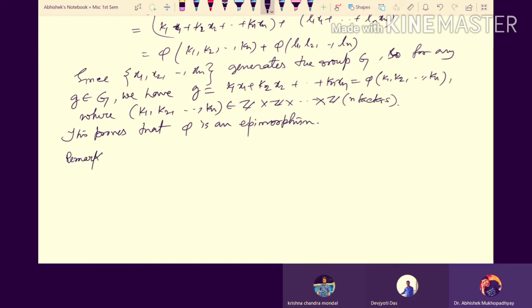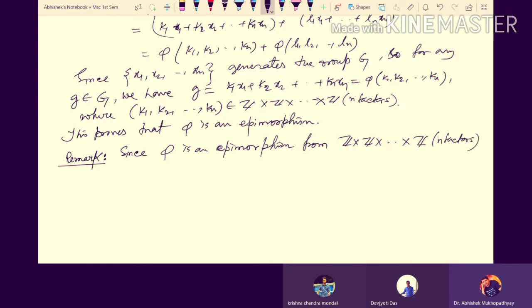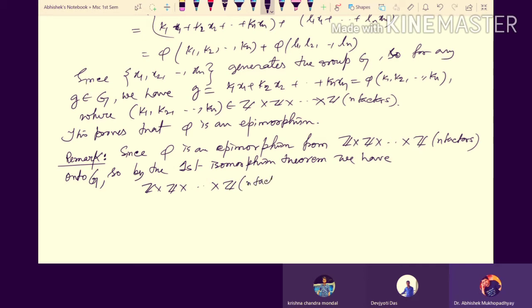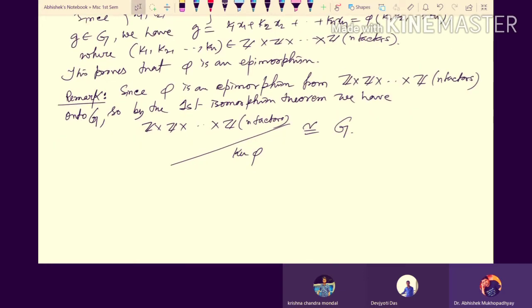So remark, now since phi is an epimorphism from Z cross ... cross Z, n factors, onto G, by the first isomorphism theorem we have Z cross ... cross Z, n factors, quotient by kernel of phi is isomorphic to G. But what is the kernel of phi?